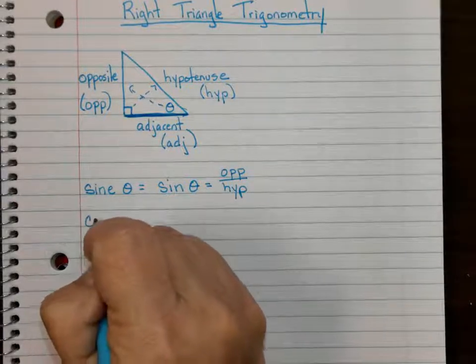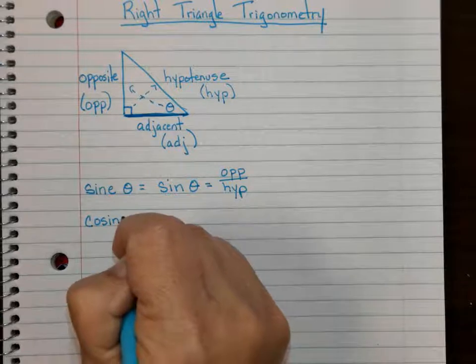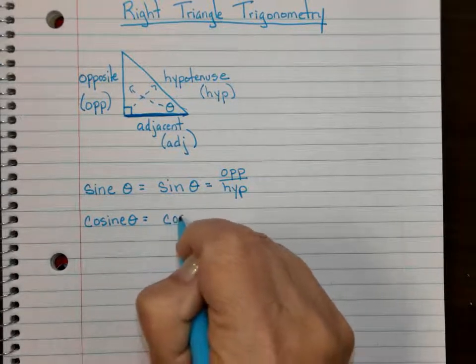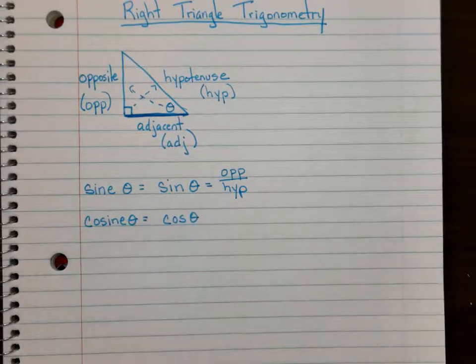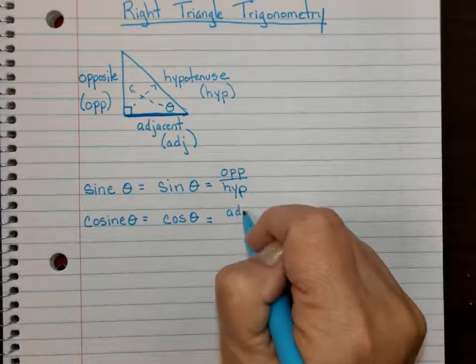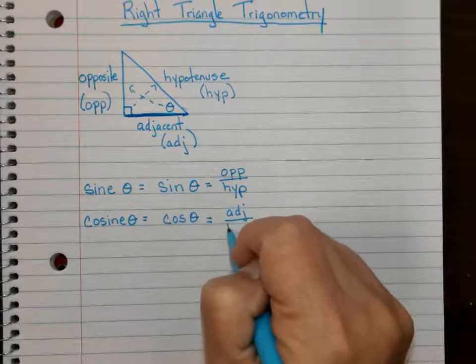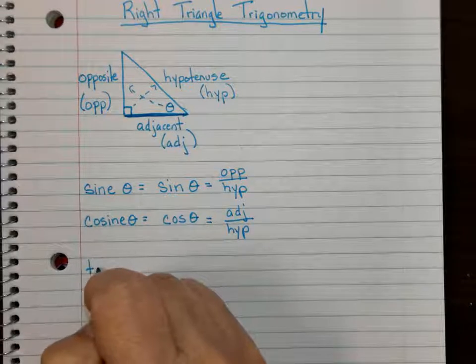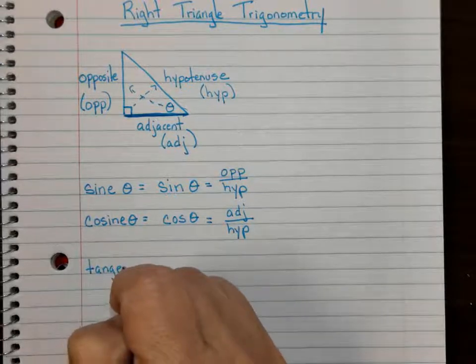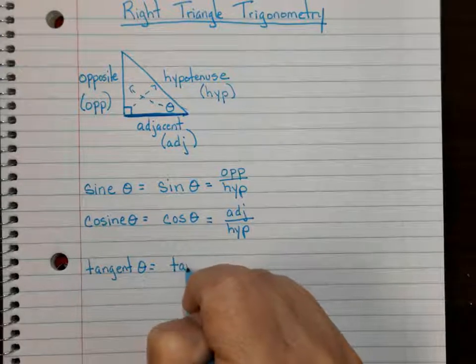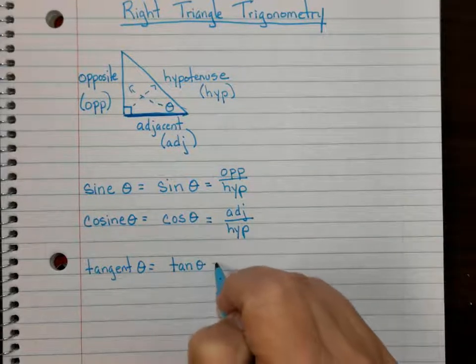And our second function is cosine theta. And we abbreviate that COS for cosine. And cosine of theta is equal to the adjacent side divided by the hypotenuse. And then we have tangent theta, which we abbreviate TAN, tangent theta.